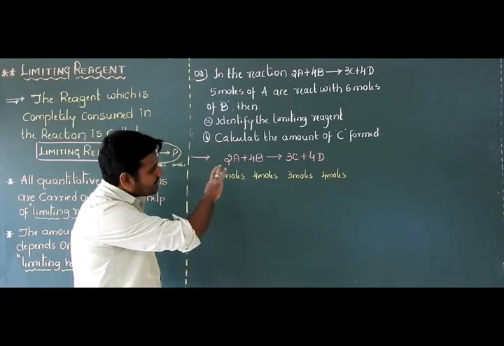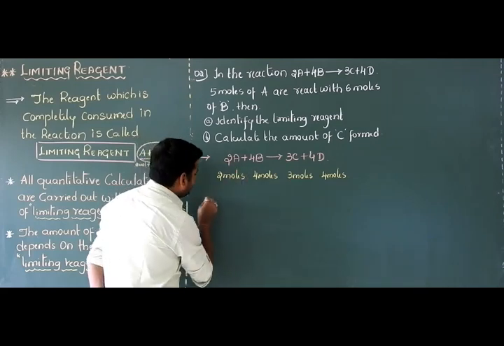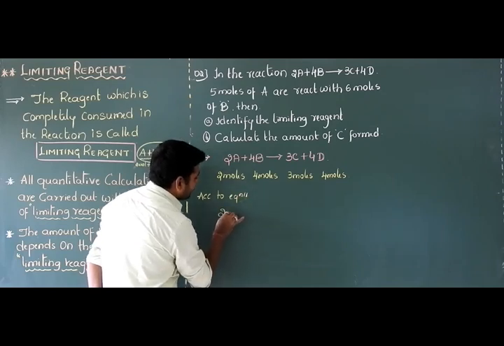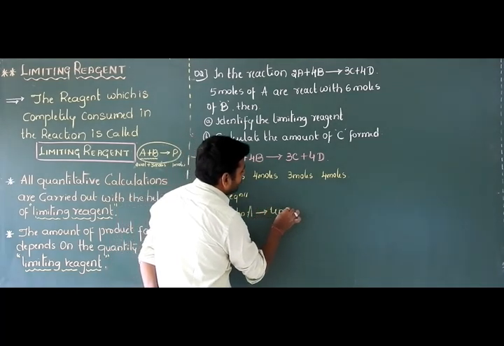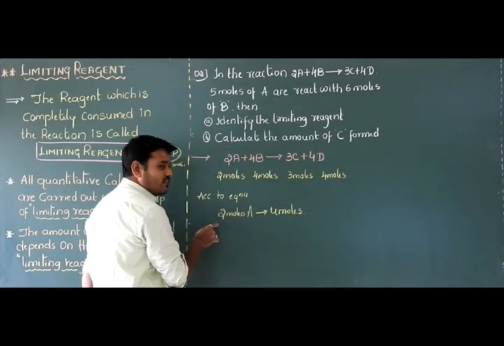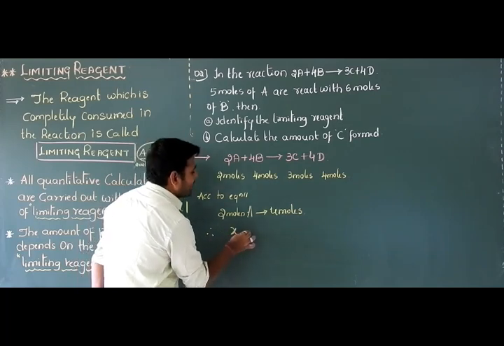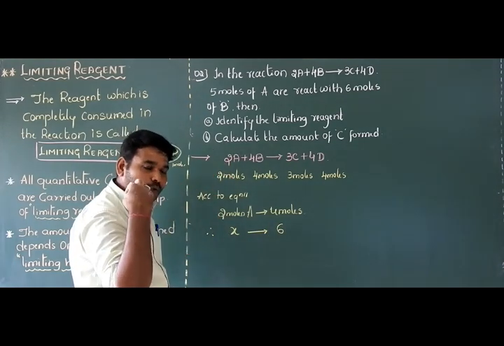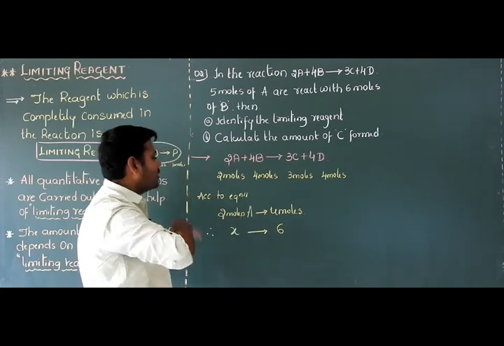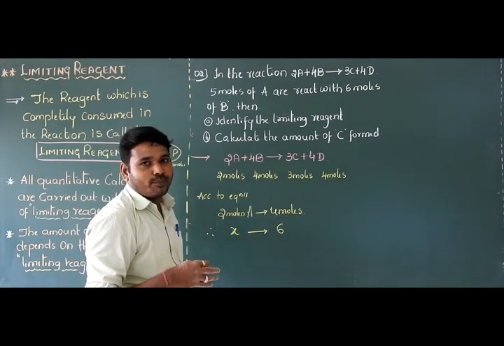So in this case also you please express this balanced equation in terms of number of moles according to the balanced chemical equation. 2 moles of reactant A combines with 4 moles of reactant B. So therefore X moles of reactant A are required to react with 6 moles of reactant B. Either you use number of moles of B and calculate number of moles of A, or use number of moles of A and calculate number of moles of B, students.